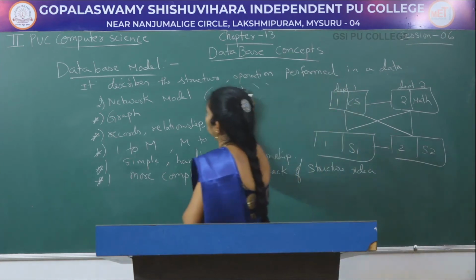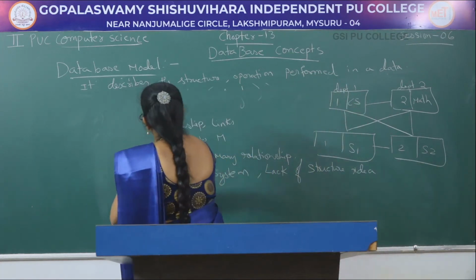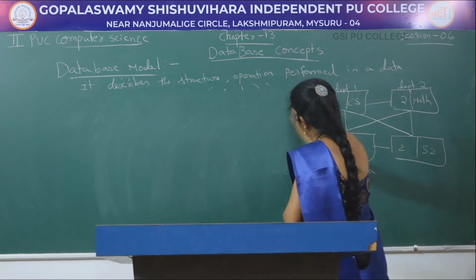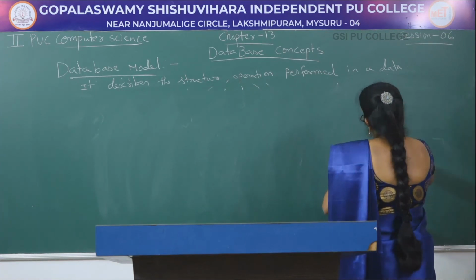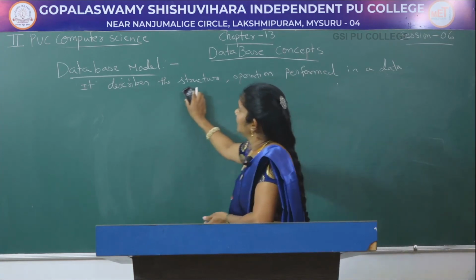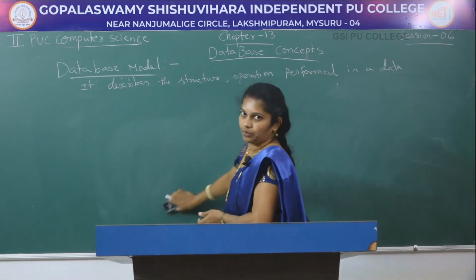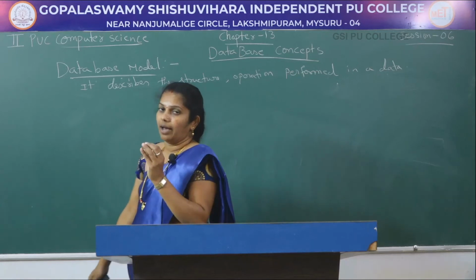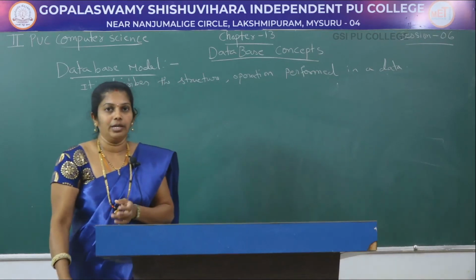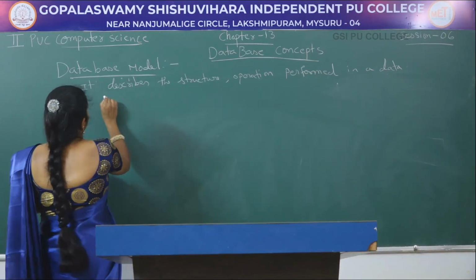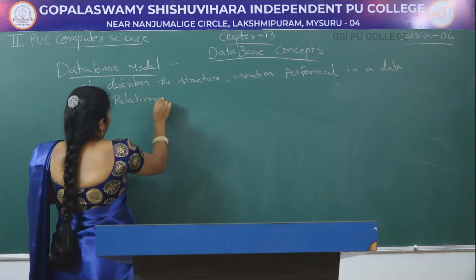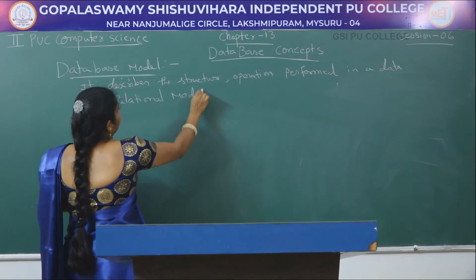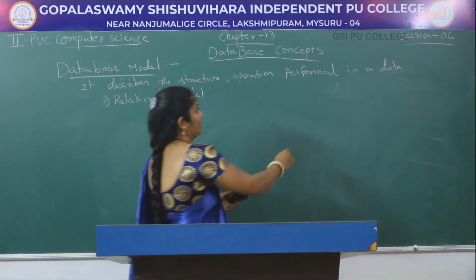Next, we will move to the last model, that is the relational model. What do you mean by this relational model? When we come to database models, I told you there are three types: the hierarchical model, the network model, and the last one, the relational model. I am going to explain this with one diagram.